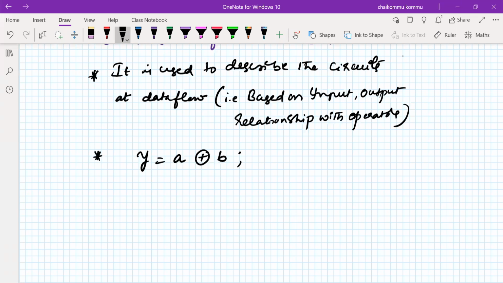So if you take any digital circuit, the output and input must be related somehow, whether with Boolean operators or some other operators. There must be an input output relationship.